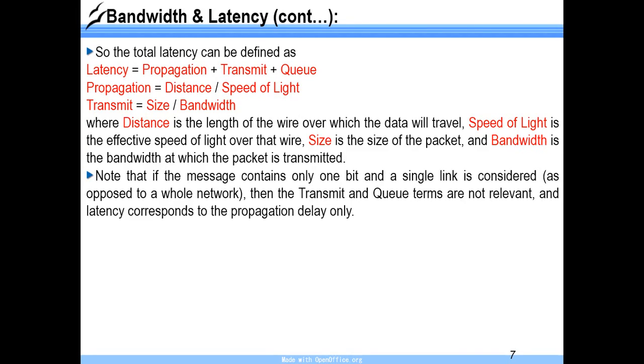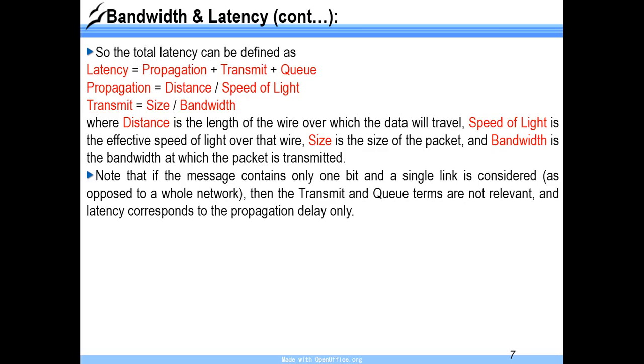Latency can be defined as propagation delay plus transmit time plus queuing delay. Propagation delay itself is given by distance over the speed of light, and transmit time is a function of size over bandwidth. Distance is the length of the medium over which the data travels.